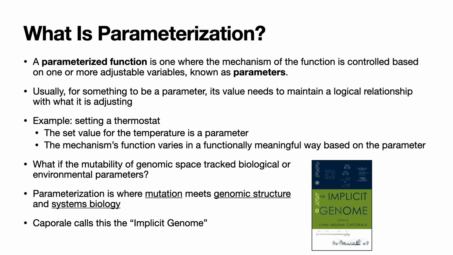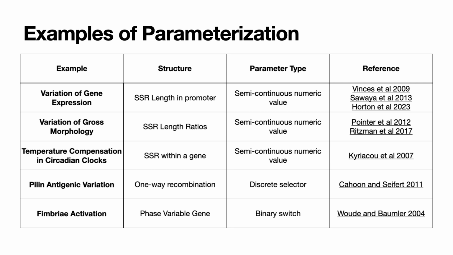So parameterization is where mutation meets genomic structure and systems biology. And Caporale calls this the implicit genome. And we actually have many examples of parameterization in biology, and we keep on finding new ones. We have parameters that are acting like a binary switch. We have parameters acting as discrete selectors, or in the case of simple sequence repeats, the length operates as a semi-continuous numeric value, kind of like a tuning knob or a dial.